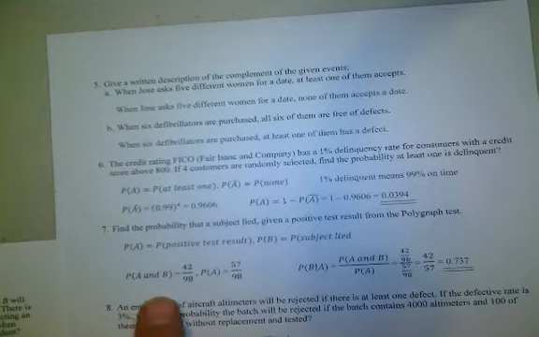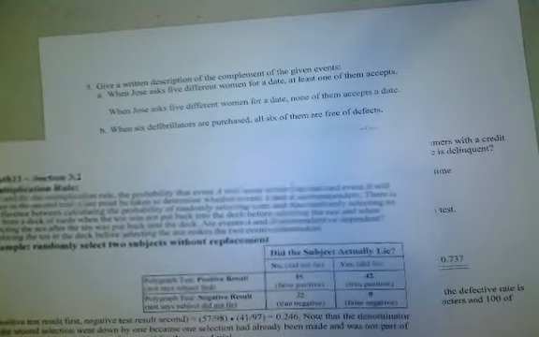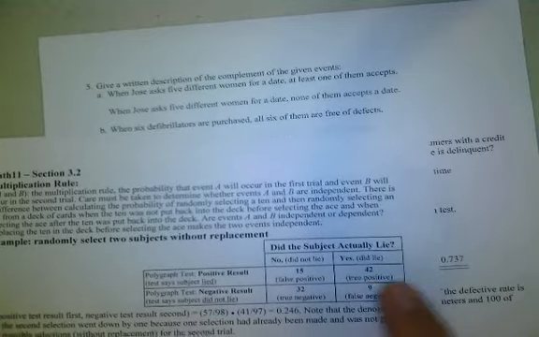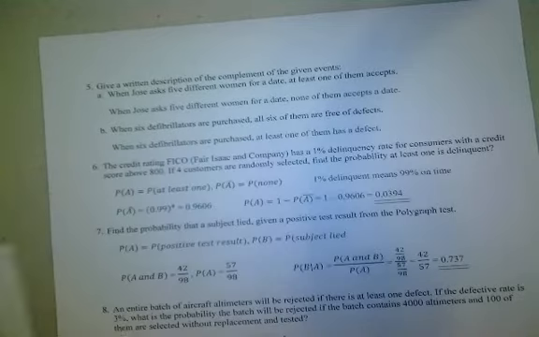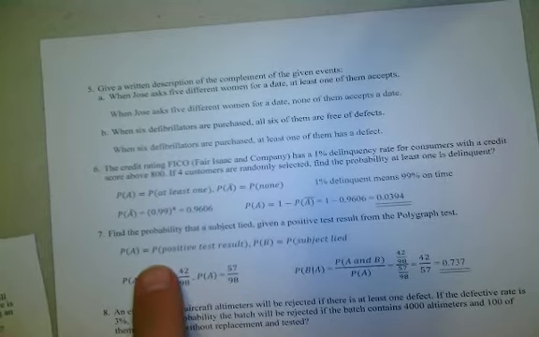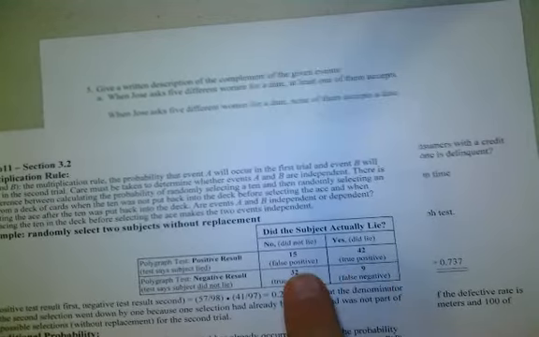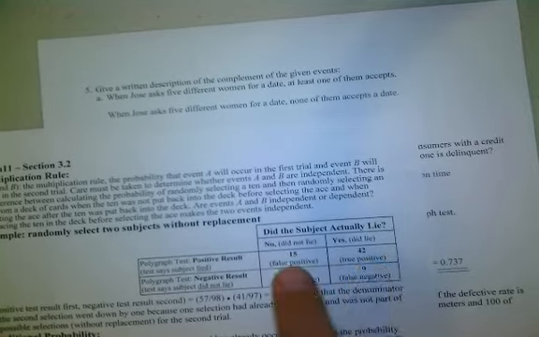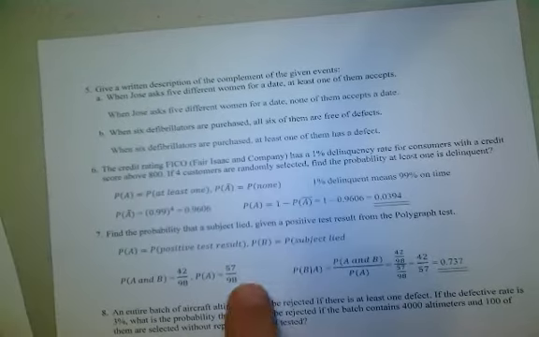So both A and B, positive and lied. That's the 42 out of 98 for all 4 boxes. So 42 over 98. P(A) is for positive test result. 42 were positive, another 15 were positive, so between the two of them, there are 57 out of the 98.